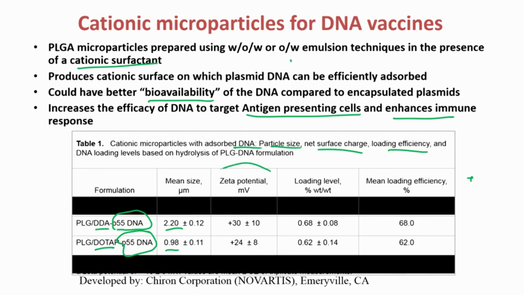You can run a technique called zeta potential, which measures the surface charge of the particle, and you see that, indeed, because of the presence of these cationic surfactants, you do get a fairly high millivolt surface charge. Then you can load the DNA, and you find you can load quite a bit of it. You can load about 0.68% DNA on the surface and get fairly high loading efficiency as well. So these systems can then be used further to enhance DNA vaccines.